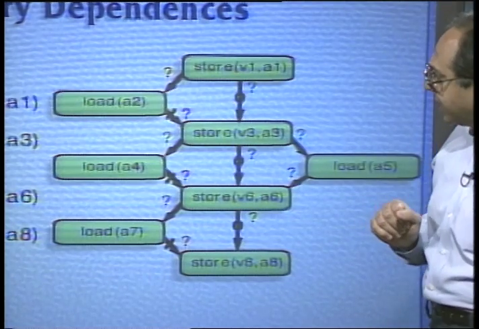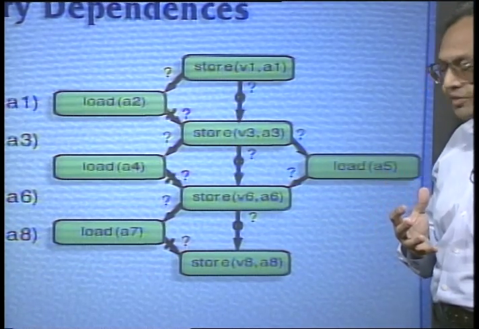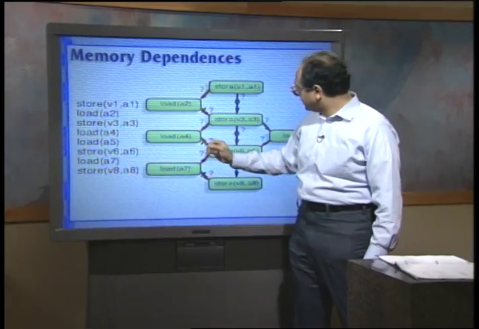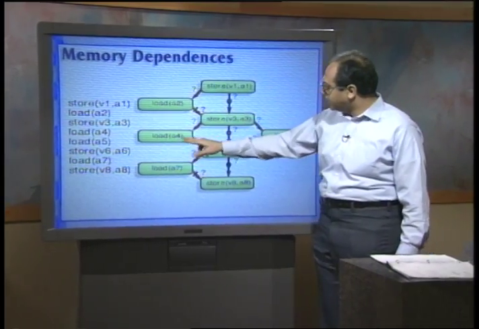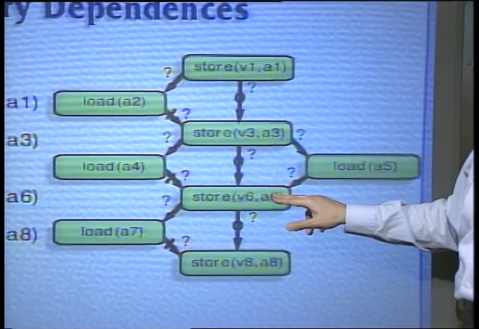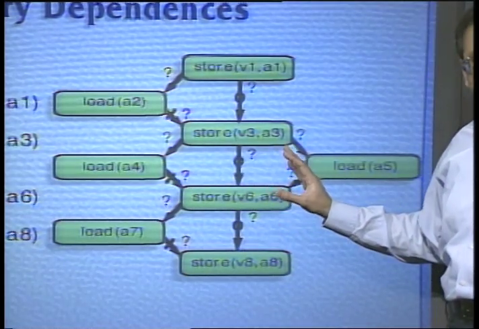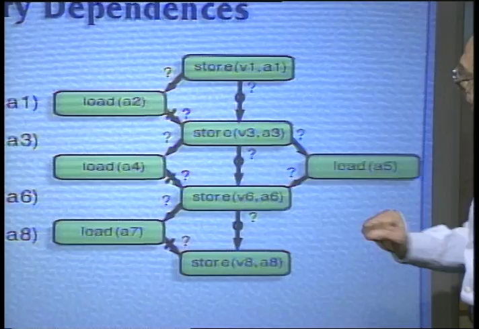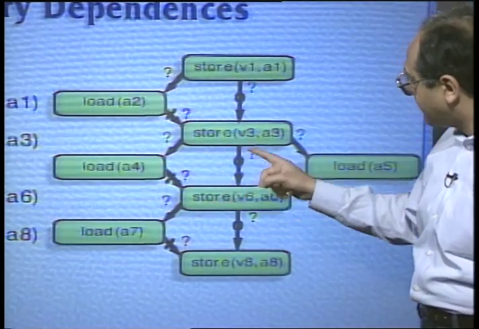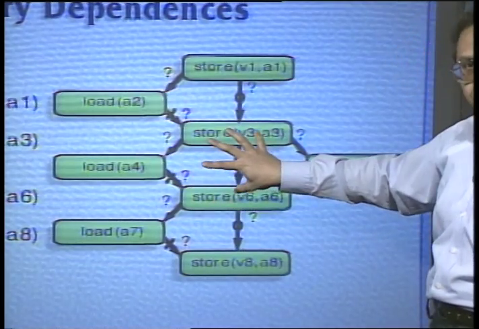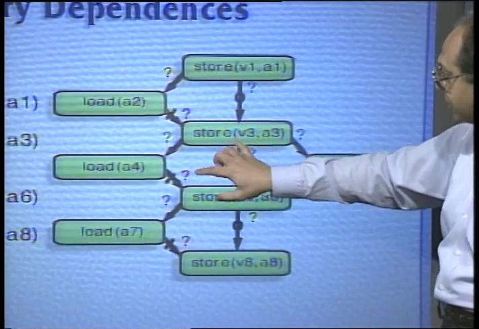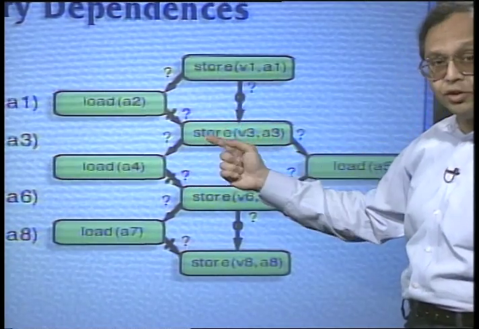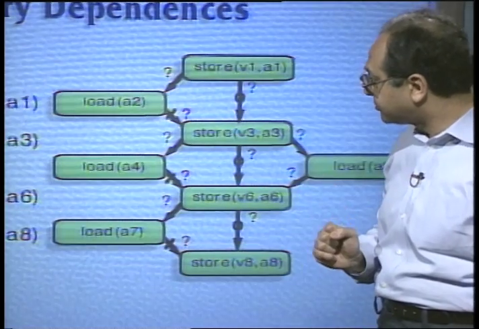Now, imagine that as a result of some analysis, we were able to prove that A3, A4, A5, and A6 were all pairwise unequal. So in that case, these dependence edges between these four operations would all disappear, because now we are certain that these stores and loads are not to the same location.